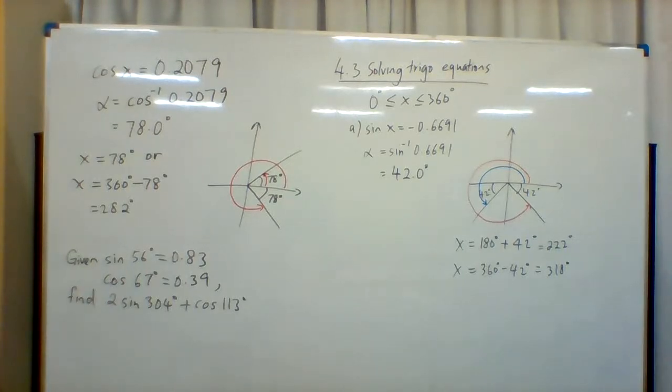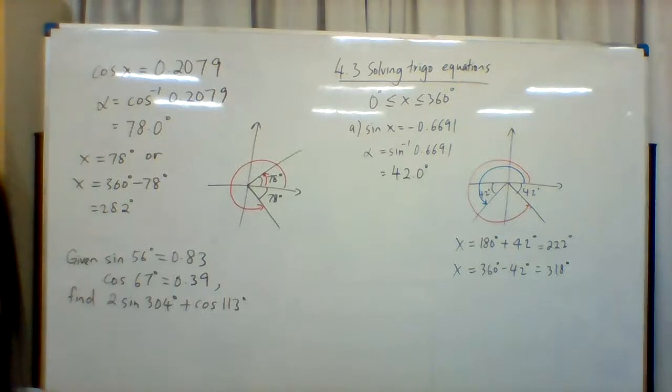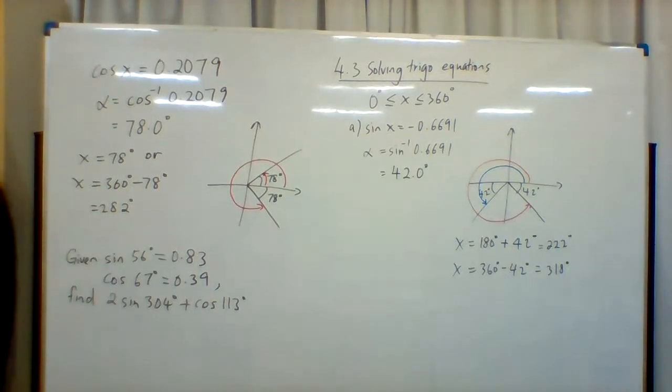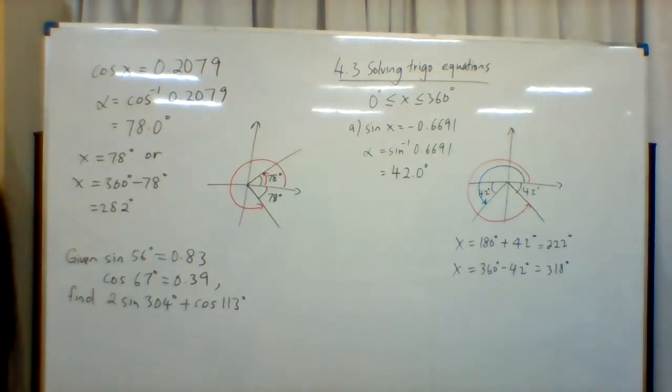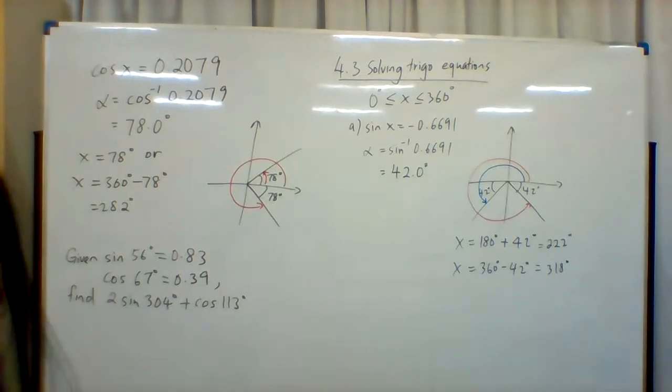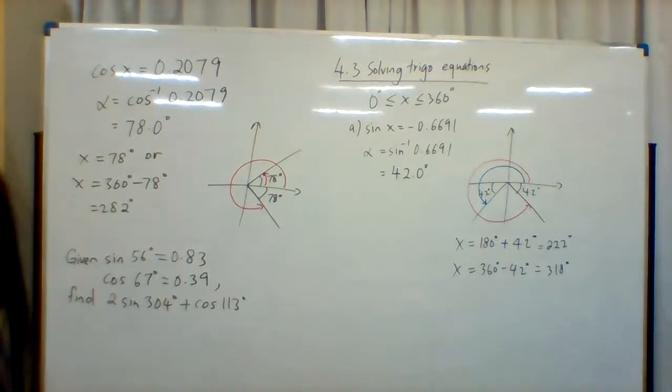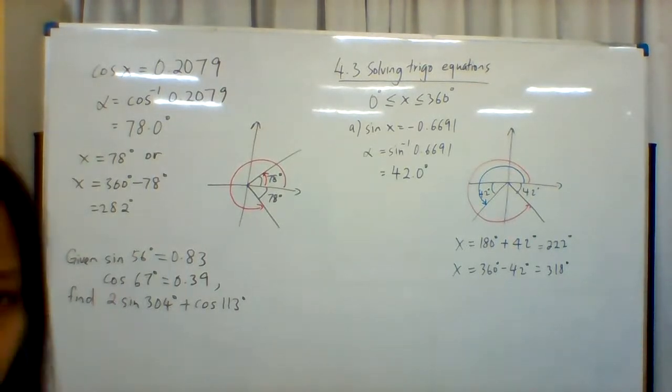They give you the values for your sine 56 and your cos 67 for your basic angle. So you've got to relate your basic angle to the theta or the x that they give you. Okay or not? Your final answer should be negative 2.05.